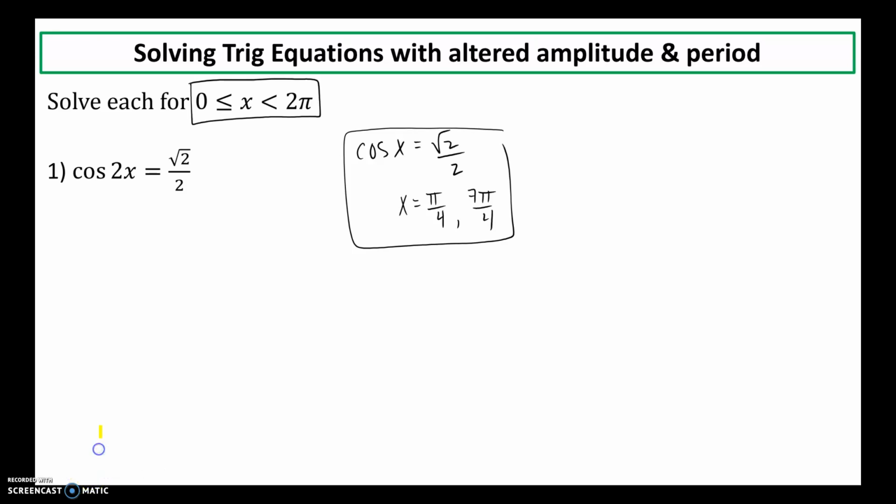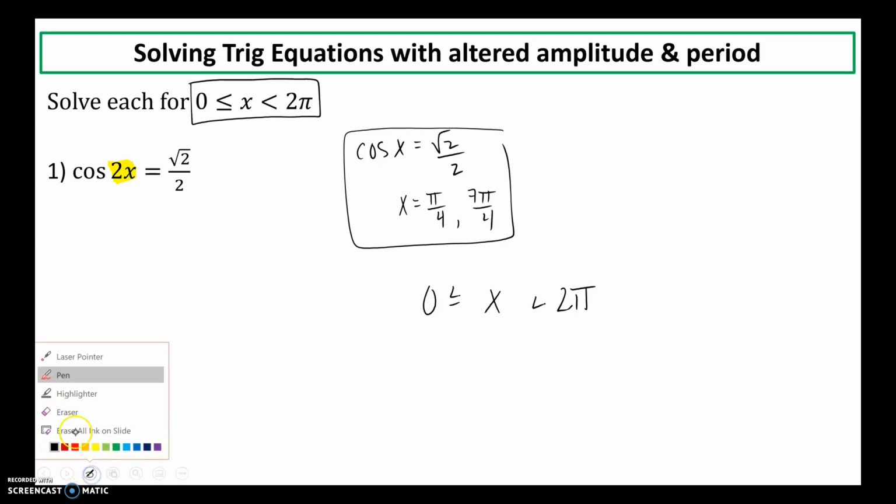We're changing the period of the function, okay, because x is being multiplied by a value. So what that does is it affects the answers that we have. So one thing that your textbook does, which I like, 0 is less than or equal to x, which is less than 2 pi. Okay, well now my x is being multiplied by 2.